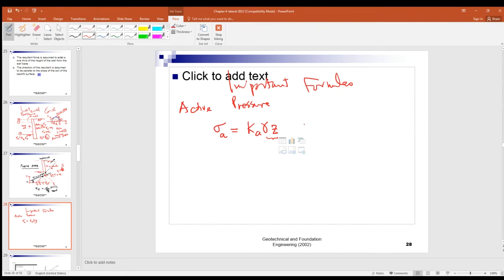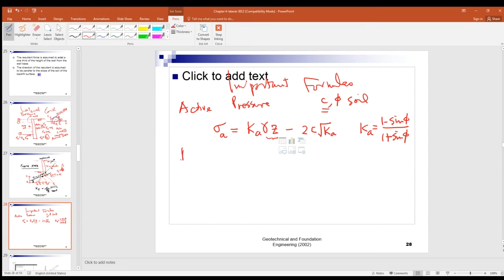But remember, for cohesive, for c-phi soil, you should remember the cohesion, and that's square root Ka. Now, what's Ka? 1 minus sine phi over 1 plus sine phi. This is a very important equation.